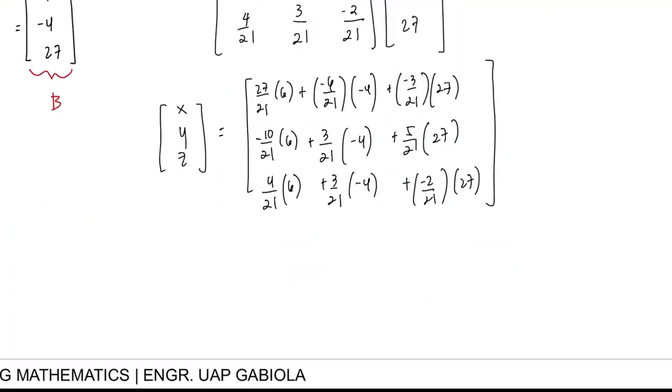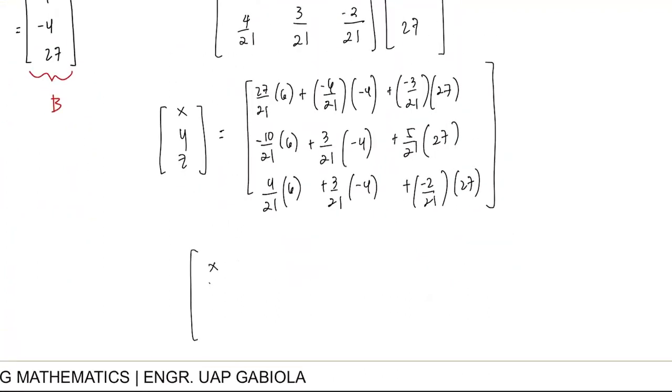Okay? Calculate lang natin. X, Y, and Z is equals to, so 27 times 6 over 21 plus negative 6 over 21 times negative 4 plus negative 3 over 21 times 27. That is 5. Okay, sakto po yan.